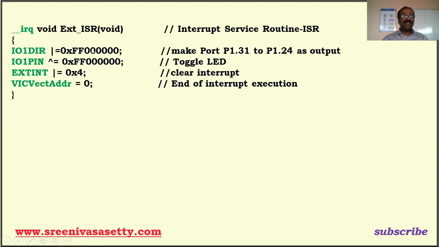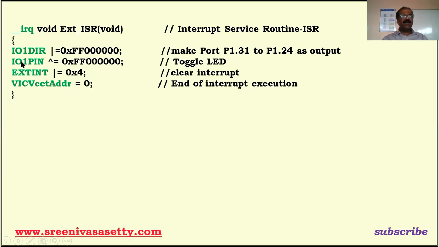That is the purpose of this statement. I'm writing this data to the IO direction register: 1 for output, 0 for input. After executing the statement, it will configure bits P1.24 to P1.31 as output.